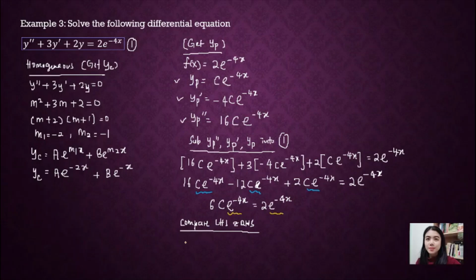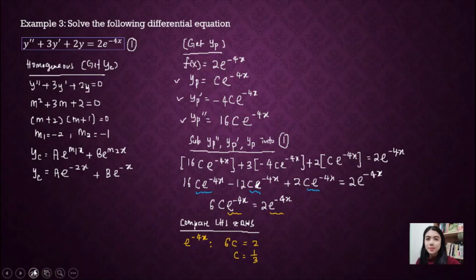For the left hand side, you have 6c, and for the right hand side, you have 2. This means that your c here is equal to 1 over 3.